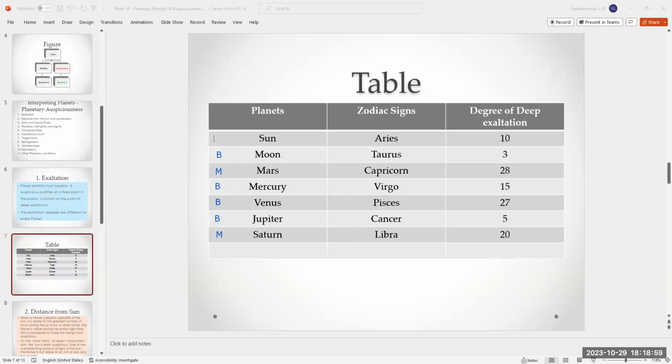Sun is a bit special. You could call it C, that is cruel. It's not malefic. It's cruel because anything very close, like in the case of combustion, becomes weak. Not because it's malefic, but because it is so radiant that the other planet doesn't get any strength. So it outshines the other.